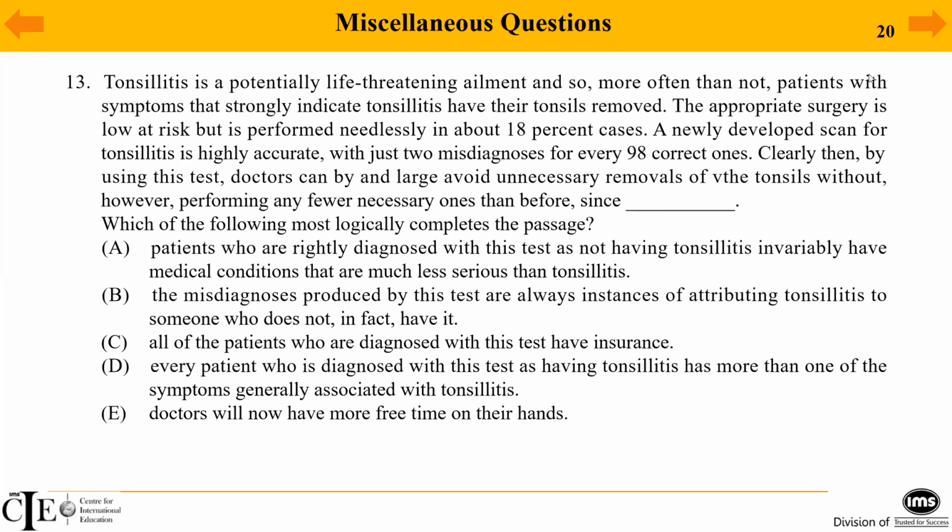This is not a main point question. This is a question which asks you to complete it. So whenever such blanks are given in the argument, make sure that you look at the word before it. Here there is a word since. Since means it is asking for a reason for something. So read the argument, give a reason for whatever is required there.